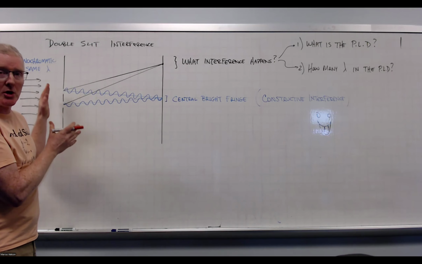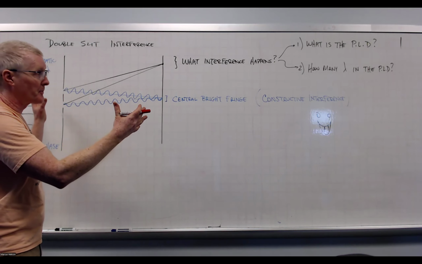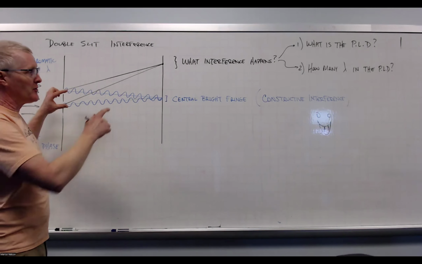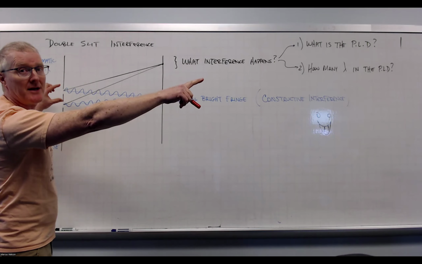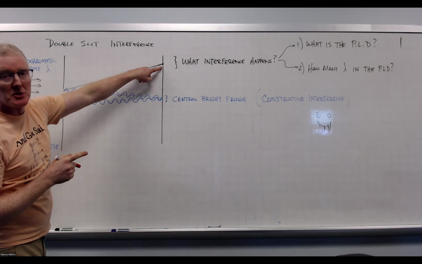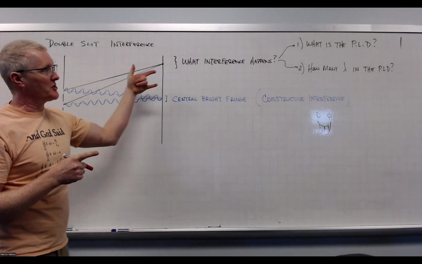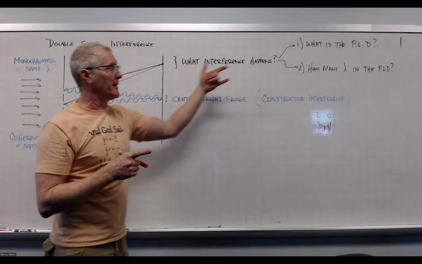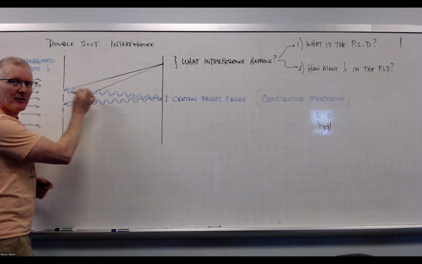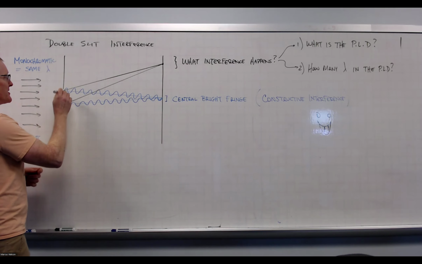You can't see it drawn like this because it's shortened up and not to scale. But if I took this distance and multiplied by 10,000 and put the screen that distance away, you'd think of the rays coming out of here and hitting this point on the screen as almost parallel, because the screen is so far away. So I'm going to assume that these rays are basically parallel when leaving, and that's going to get us around a bunch of problems.